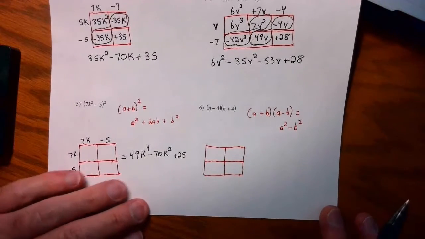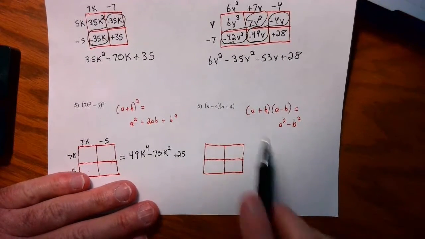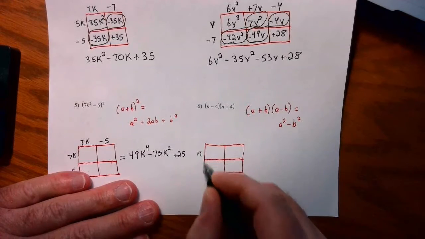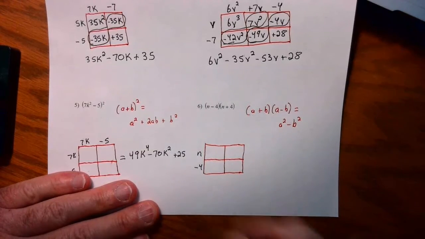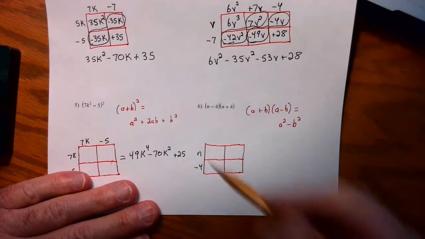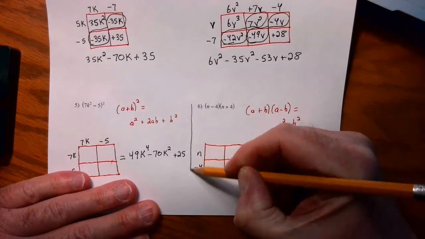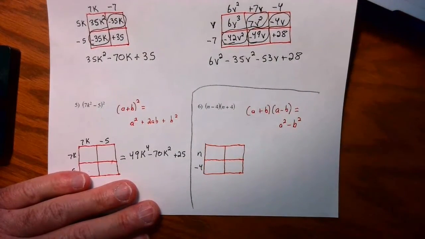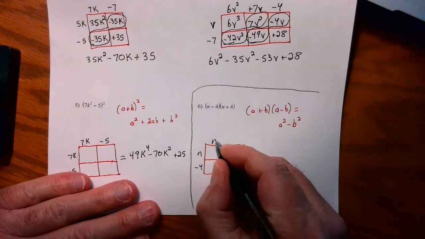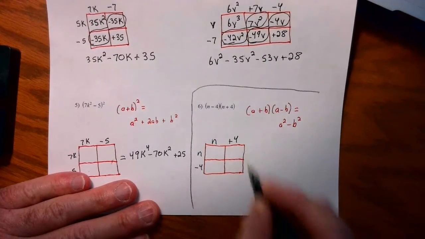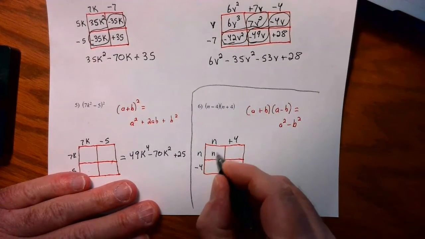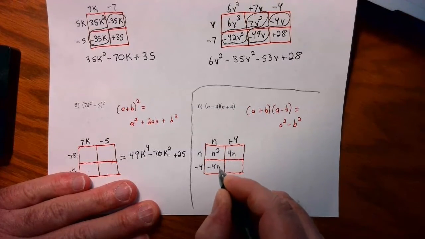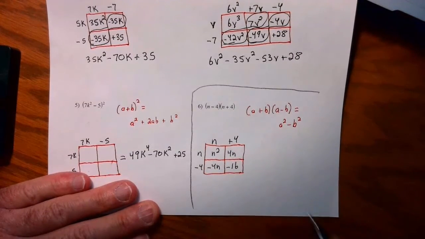All right, last one. And you can put this in a box. If I wanted to go, the n minus 4 over here, I'm going to divide these up, you guys, so it's a separate problem here. And on this side, put the n plus 4. And you get the n squared. This would be 4n. This would be negative 4n. And this would be negative 16.